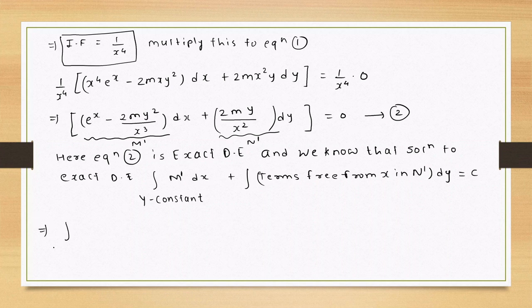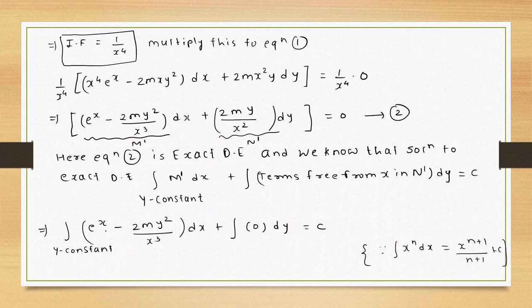So integration, y constant. What is M dash here? E raised to x minus 2y square upon x cube dx plus terms free from x in N dash. Now look at the N dash. In N dash, all the terms contain x, that means it is directly 0. Dy is equal to c. Just we have to take the integration, keeping y as a constant.